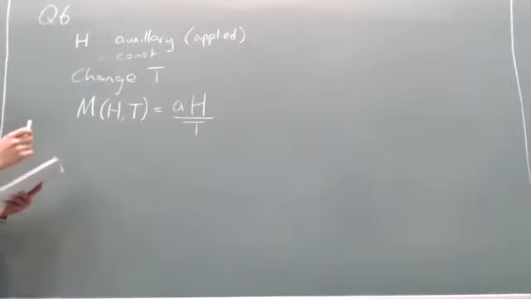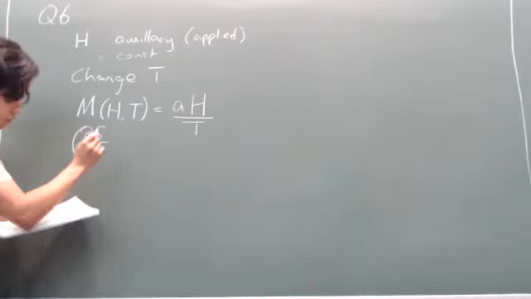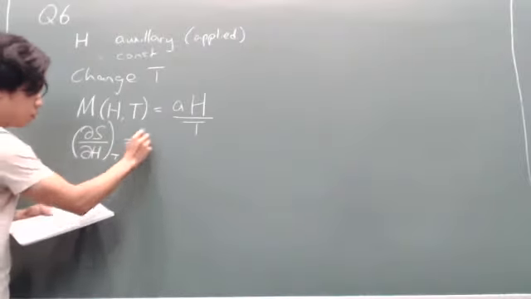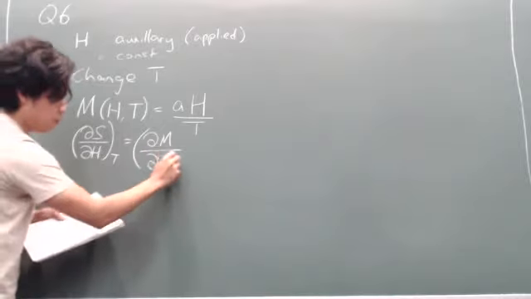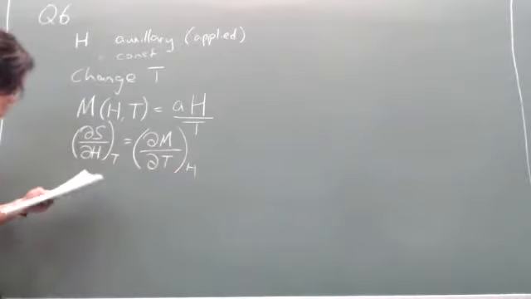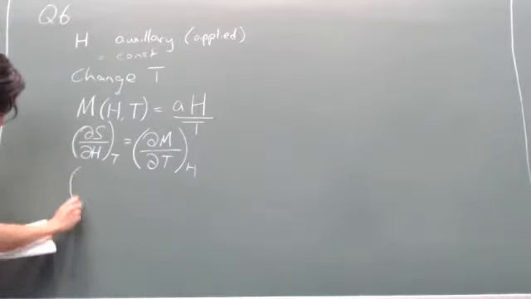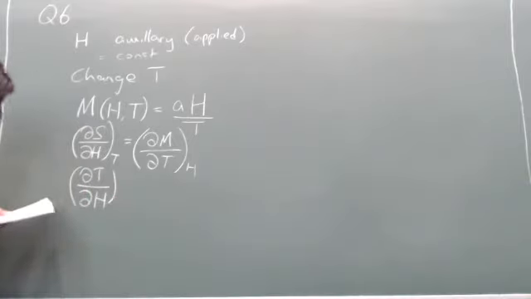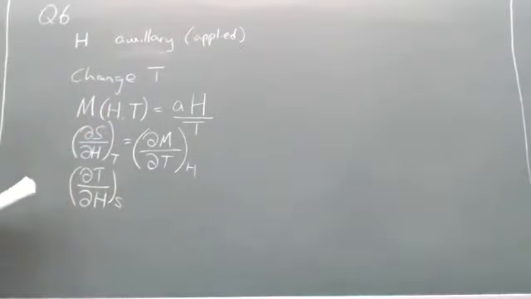And here you are given a Maxwell's relation: the change in entropy with respect to the applied field at constant temperature is equal to the change in magnetization with temperature at constant field. What you want to find is the change in temperature with respect to H at constant S.